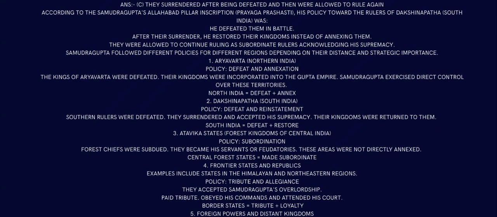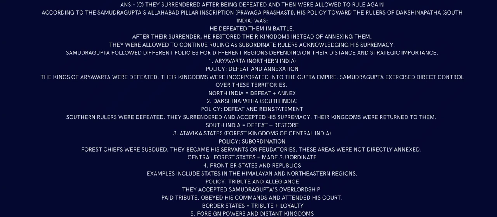After their surrender, he restored their kingdom instead of annexing them. He did not annex them, he let them rule. But you have to respect him because he defeated them, but he gave them back. They were allowed to continue ruling as subordinates, not as their own leaders. They are subordinates, acknowledging his supremacy. They had to acknowledge his supremacy.